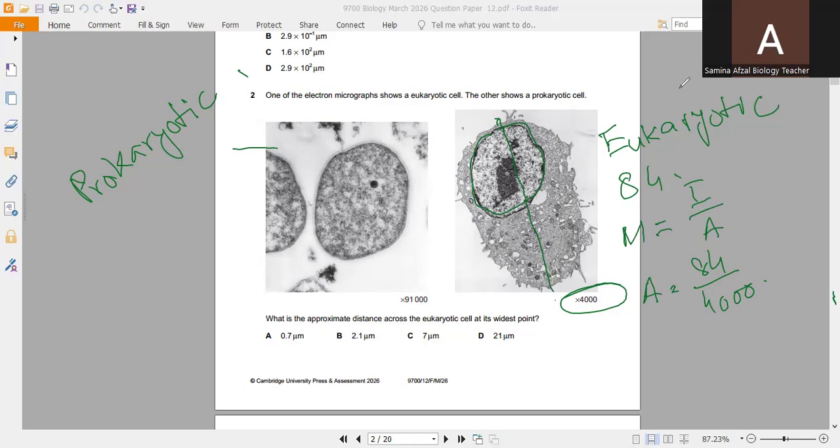It is equal to 0.021. Now we have to change it into micrometer, so we will multiply it by 1000. So it will become equal to 21 micrometer. So the answer is D.